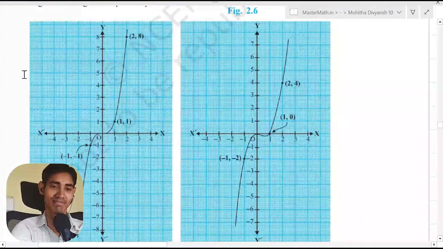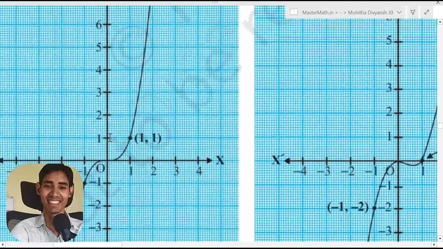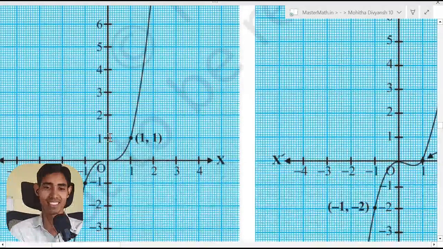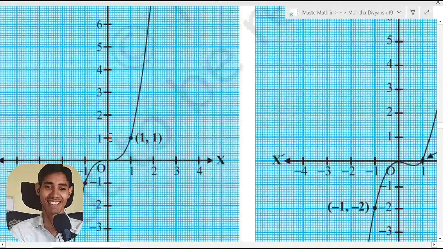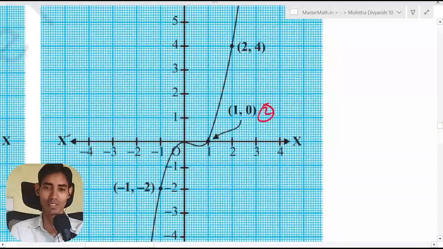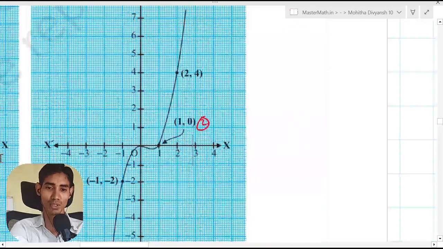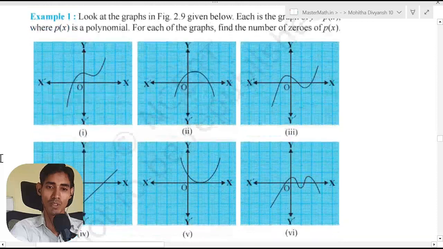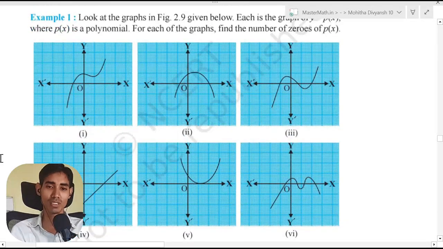Again, forgive the inking issues. The first one's 1, and the second one's 2. Okay, you have 20 seconds to answer all these questions, all 6 parts.